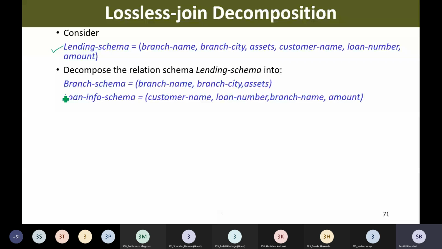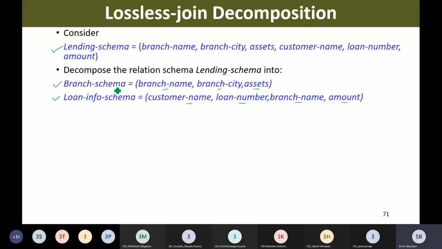And we have another schema, the loan info schema, which has four attributes: customer name, loan number, branch name, and amount. So the same lending schema is now decomposed in some other way, right? Branch schema and loan info schema.